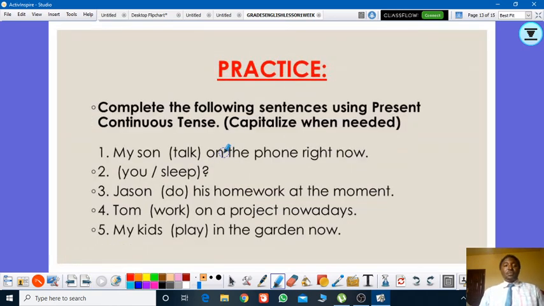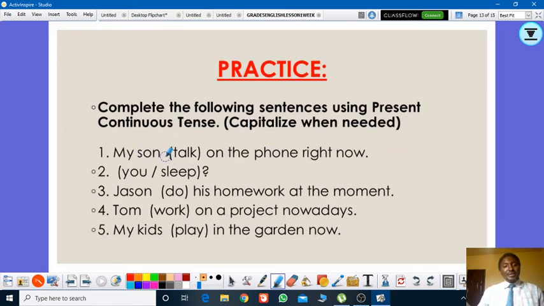Now for practice, we are going to complete the following sentences using the present continuous tense, and we need to capitalize. We always need to capitalize and punctuate our work whenever we're doing any kind of writing. My son talked on the phone right now. Can you try? Okay.